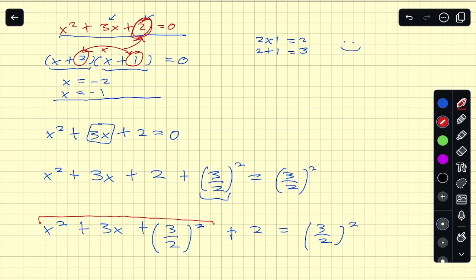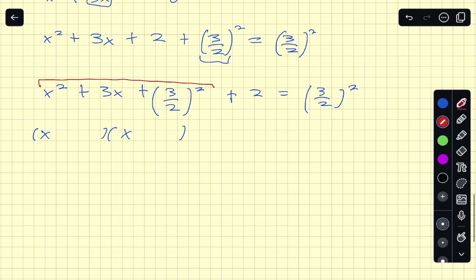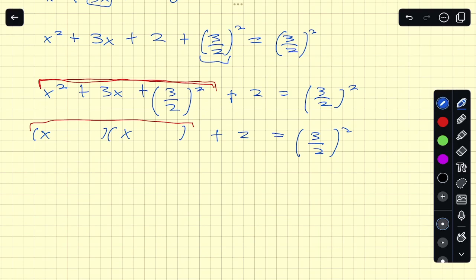I'm going to try and factorize it into something, and as I said earlier, completing the square forces a factorization. So this part I've put in red is going to be consumed into this factorization. I can still write plus 2 equals 3 over 2 squared.